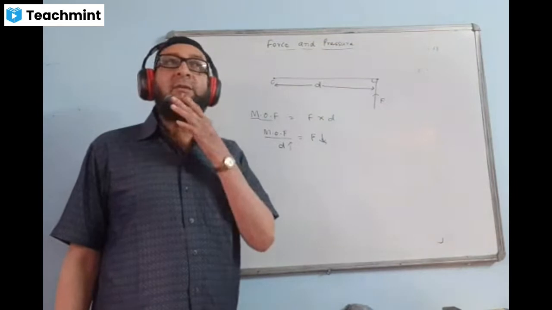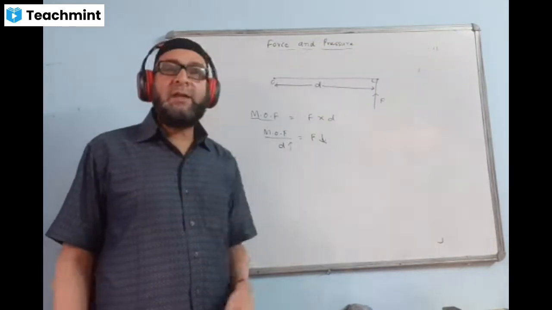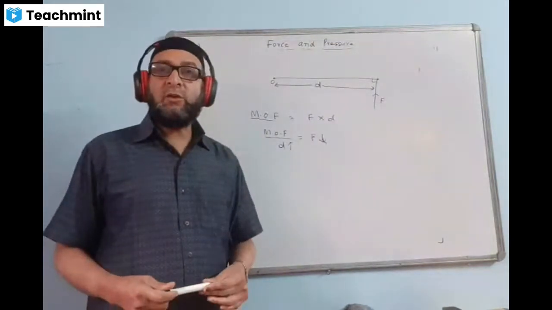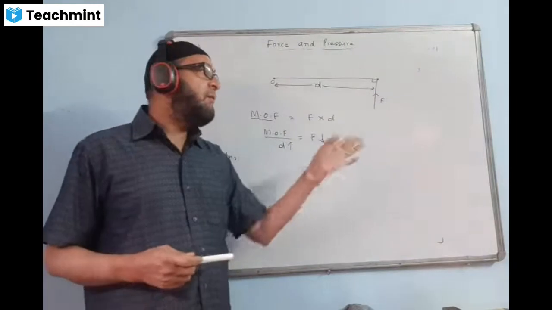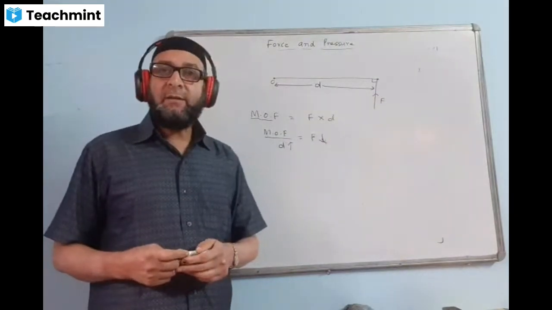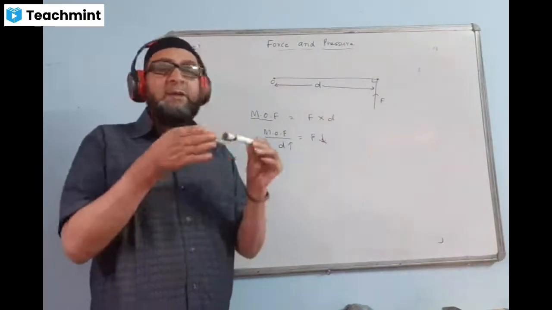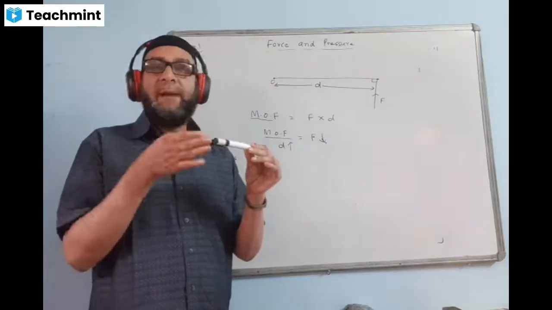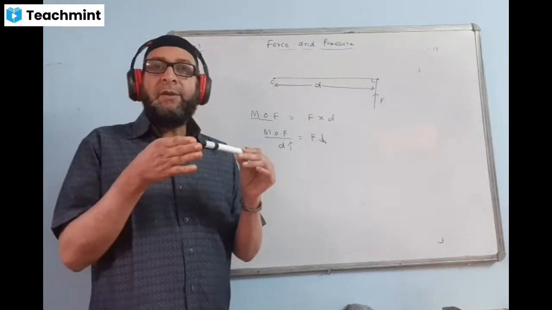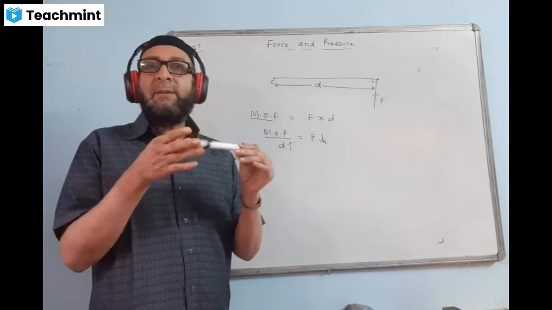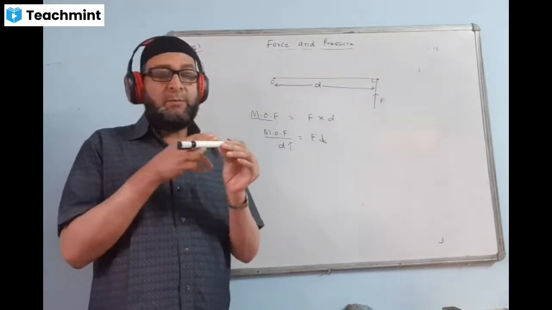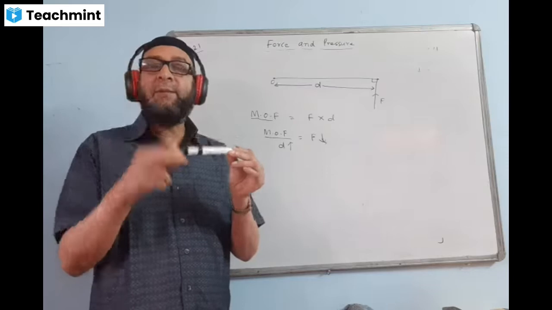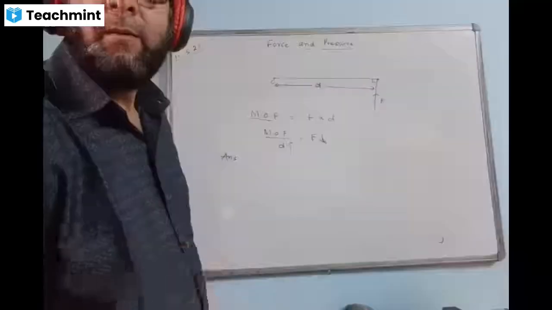Okay, the same answer we will write not only for this case, we write for the other situations also. Whenever we want to produce a turning effect, we always go for the maximum distance for the force to be applied. We apply the force at the maximum distance from the pivoted point, because the maximum is the distance, minimum will be the force needed.